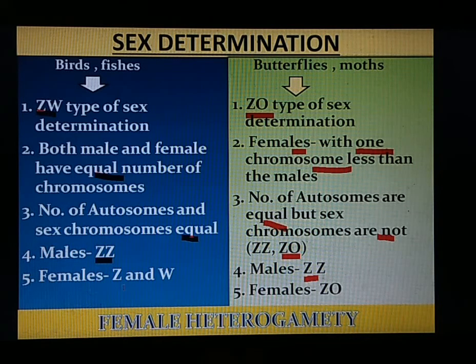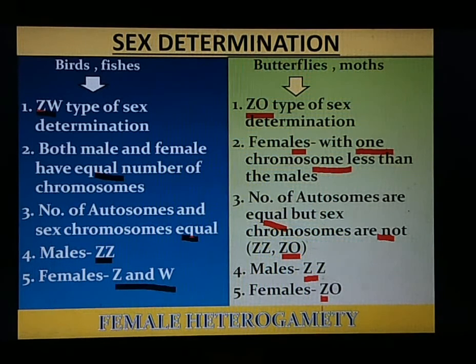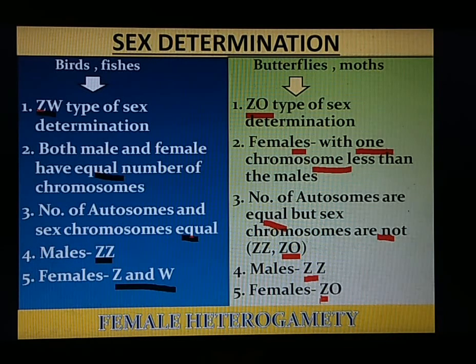In ZW there are two types of gametes formed, the gamete with the Z chromosome and the gamete with the W chromosome. In ZO type again there are two types of gametes, but one gamete will have the Z sex chromosome, whereas the other will lack it and only autosomes will be present.